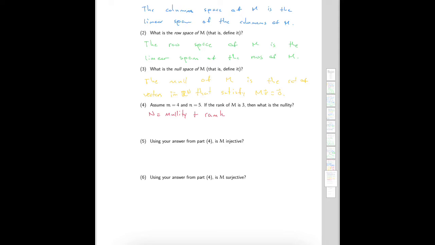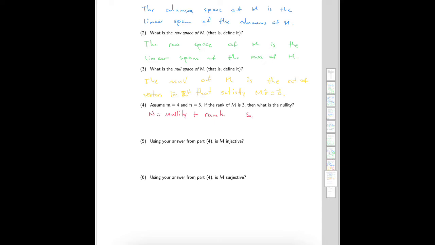Okay, and remember, rank is the dimension of the column space, which is just the number of pivot columns in the row reduced matrix, and nullity is the dimension of the null space, which is just the number of free variables. So then n is just going to be equal to the nullity plus the rank. Okay, the number of columns is equal to the number of pivot columns plus the number of non-pivot columns is basically what this is saying.